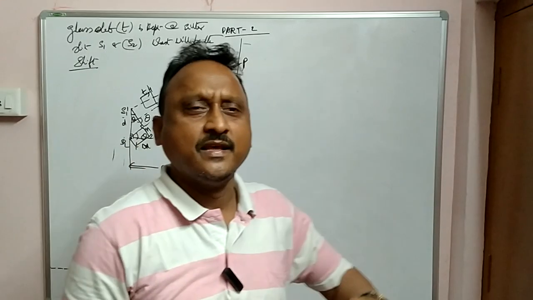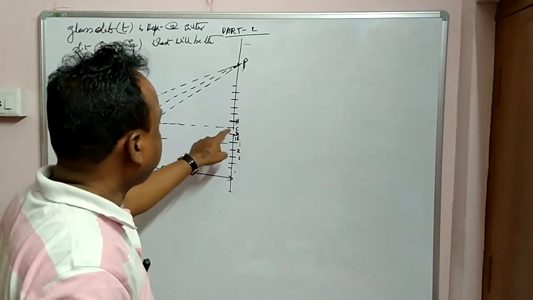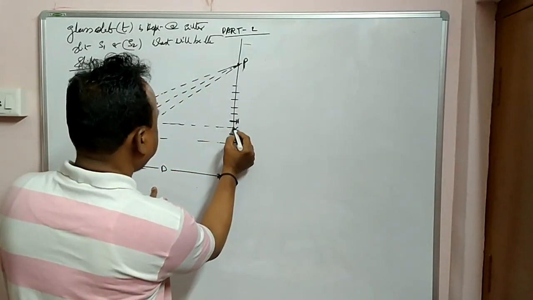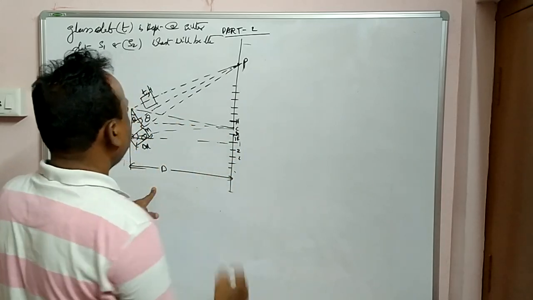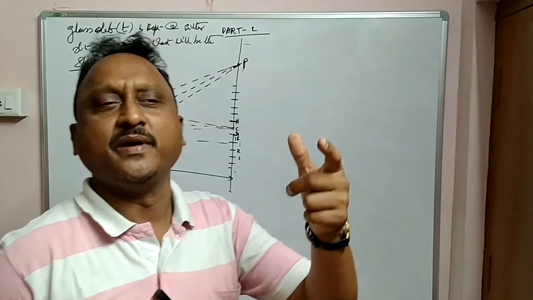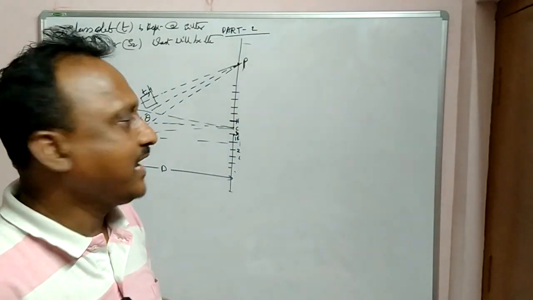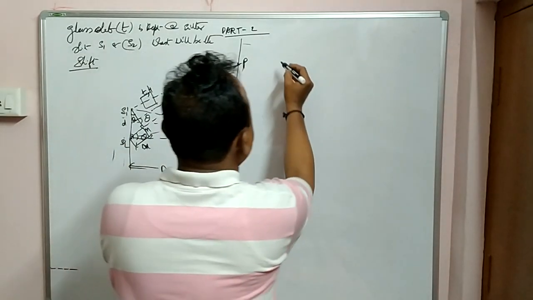What is shift here? That means where does this central band move to? Before, the central band is here. So when you introduce a glass slab, how will the shift change? Okay, so for that I'll explain by giving a small example.